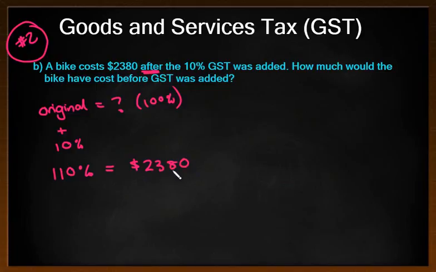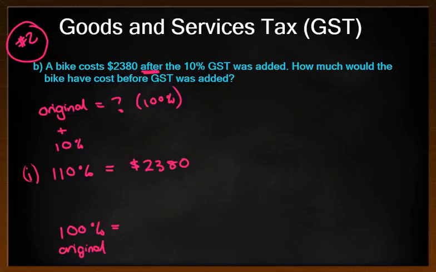That's what I often like to write down as my very first line of working: 110% equals $2,380. It asks how much the bike would have cost before GST was added, which means that's what we want, the original price.